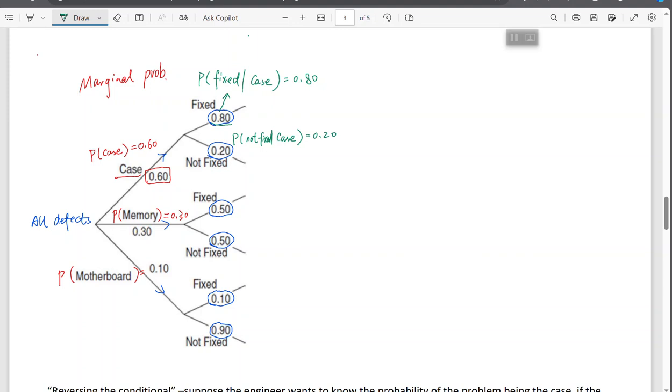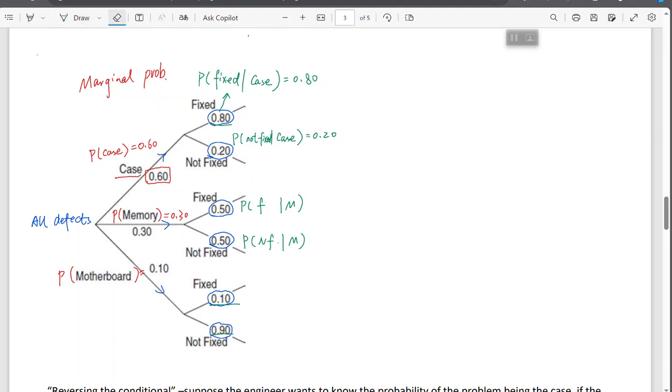So what is this 0.50 and 0.50? We say this is if this defect is a memory defect, then 50% chance get fixed, 50% chance cannot be fixed. So these two are also conditional probabilities. This is the probability that given it is a memory problem and get fixed. This is the probability that given it is a memory problem but not get fixed. Similar idea for this 0.10 and 0.90.